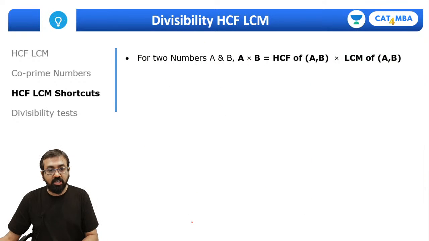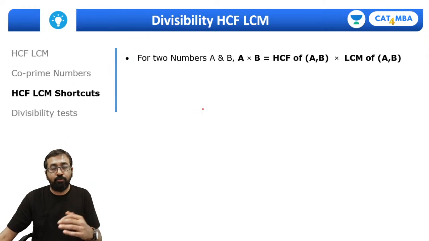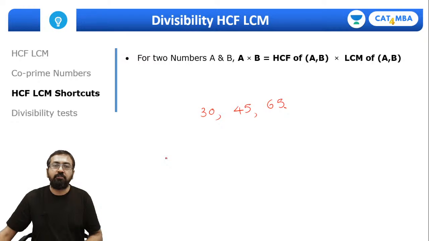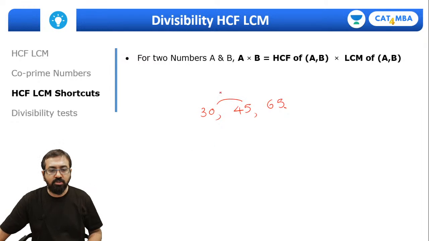There's one more shortcut which I had mentioned about HCF and LCM, that you can judge HCF by looking at the difference between the numbers. Let me give you one more example of that. Suppose I want to find out the HCF of 30, 45 and 65. Now, which two numbers have the smallest difference? Of course, these two numbers have the smallest difference. It's 15.